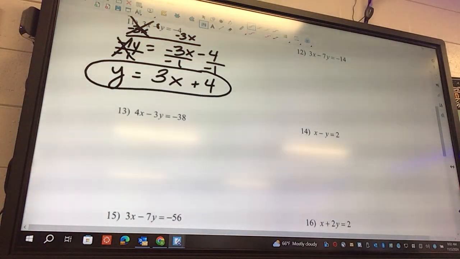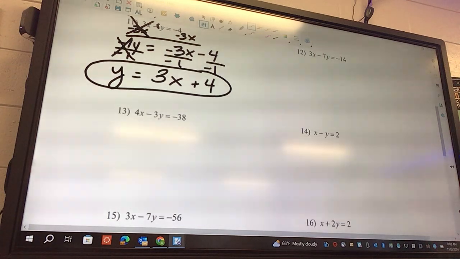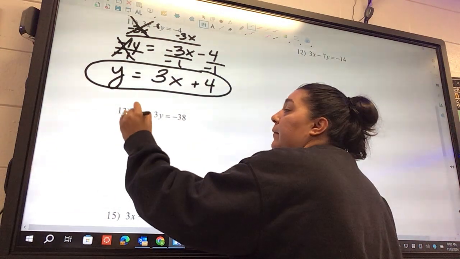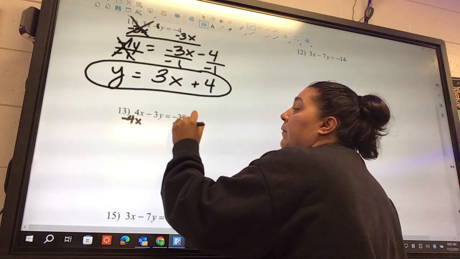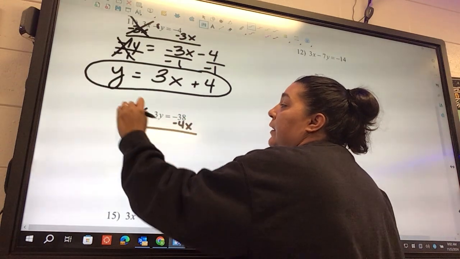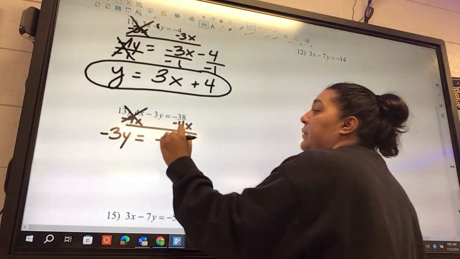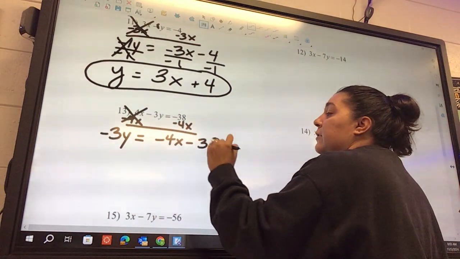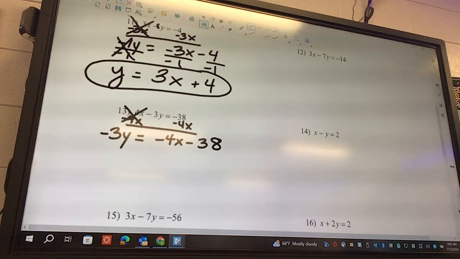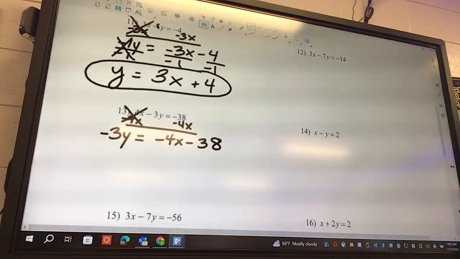Okay, 13. What needs done first? Minus 4x, good. Okay, so I'm going to get negative 3y equals minus 4x minus 38. Okay, and then what?